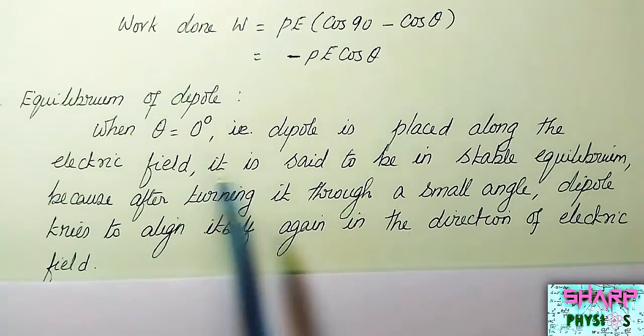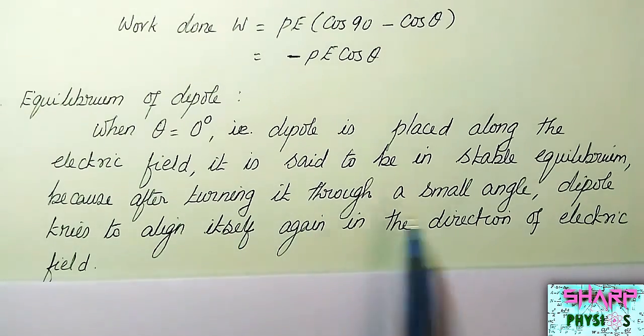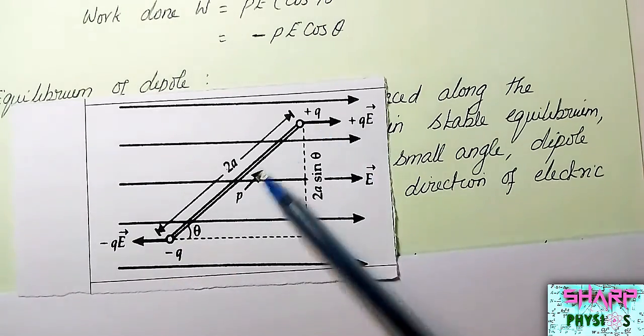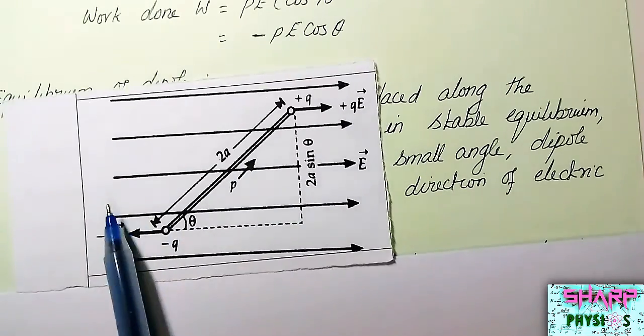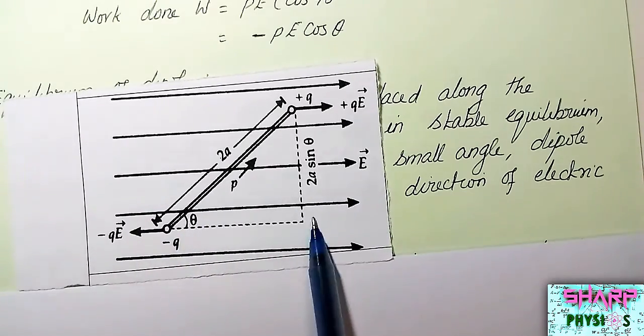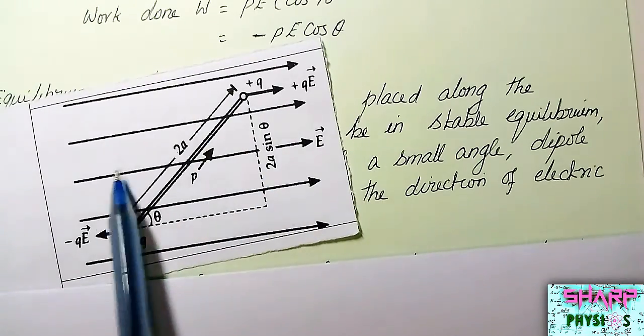So when it is made parallel, it comes in a straight line and becomes stable.